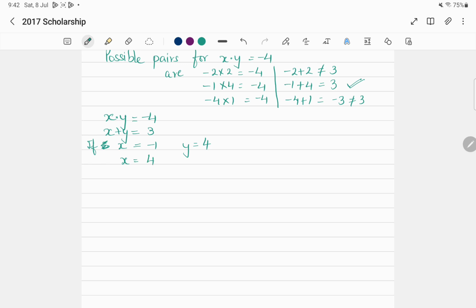If x is 4, y can be minus 1, and both of these are possible, right? Because of the commutative property. It can be either way, it doesn't matter. And z for each of the cases is 2, right? So these are the possible solutions, the possible values of x, y, and z.